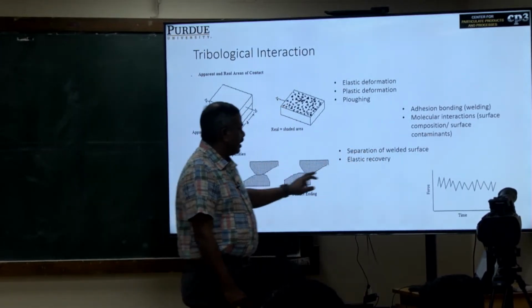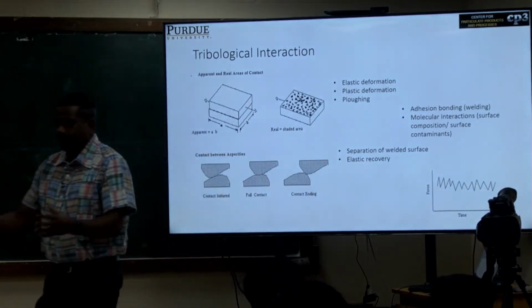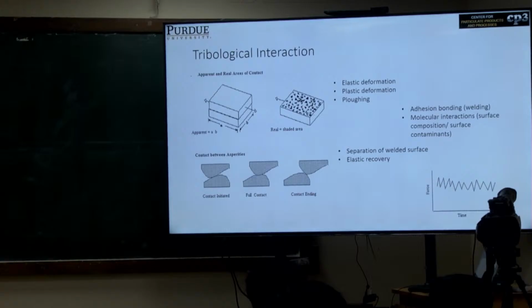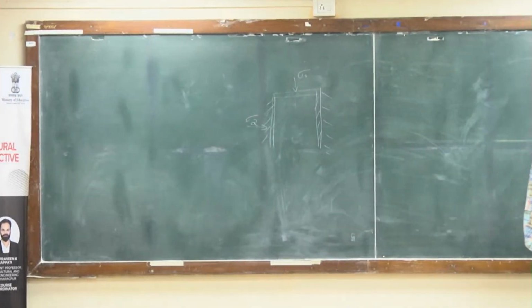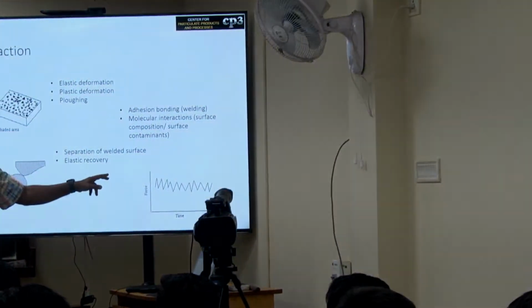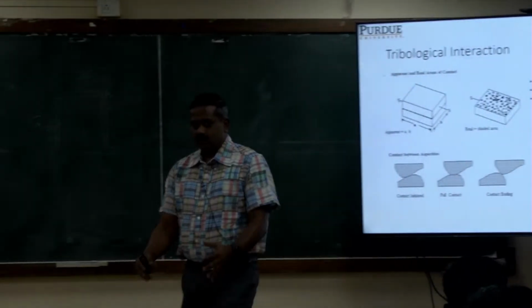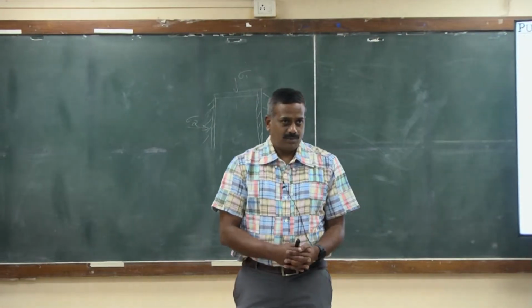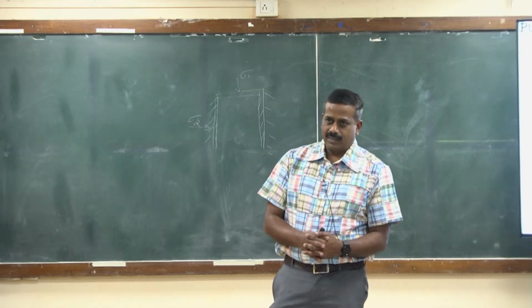Once the contact is almost ending, the bonding separates, okay, the adhesion or cohesive bonding separates, and then there will be some elastic recovery, okay. But if there is plastic deformation, then you lose that, you will not regain it. Whatever is elastically deformed, the material regains, right.